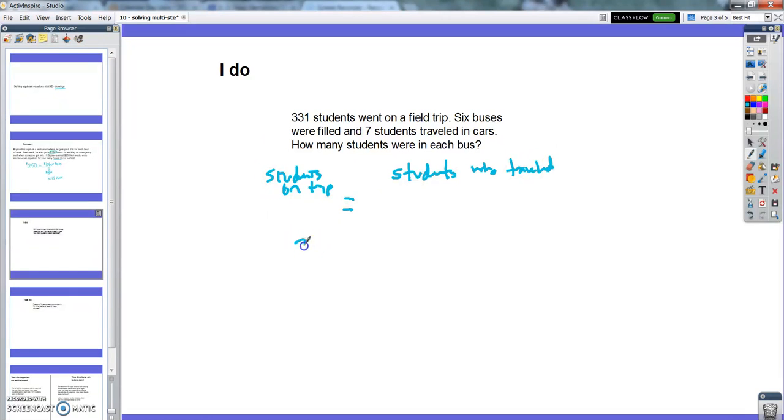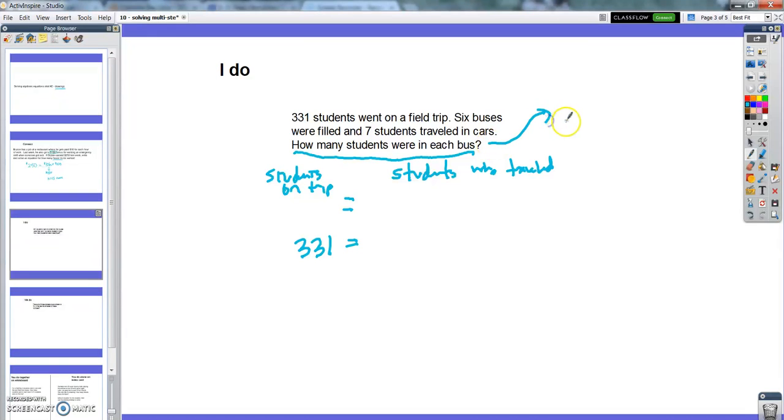And so I know that 331 students were on the trip. And let's see how they got there. So 6 buses were filled. And the question is how many students were on each bus. So I don't know how many kids were on the bus. That's what I'm looking for.